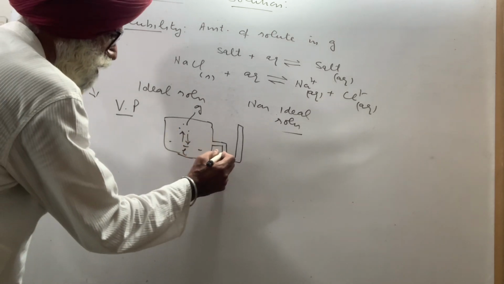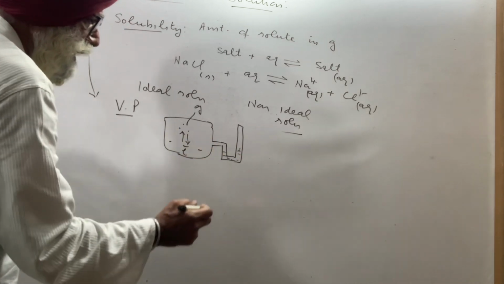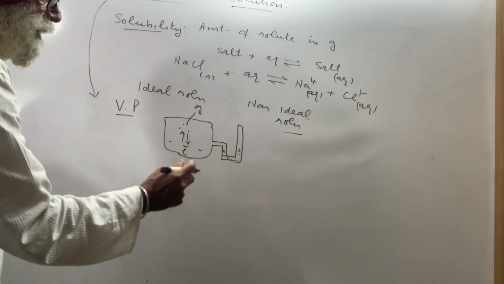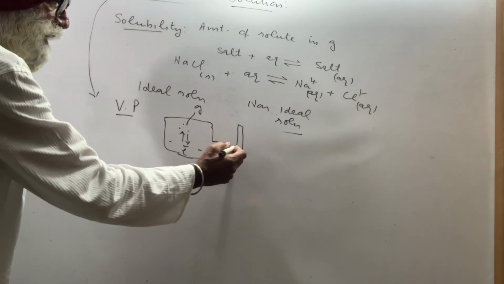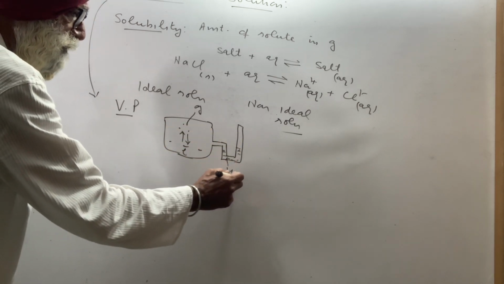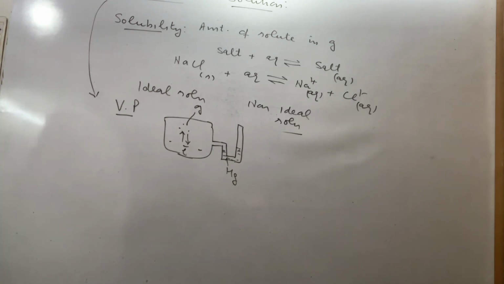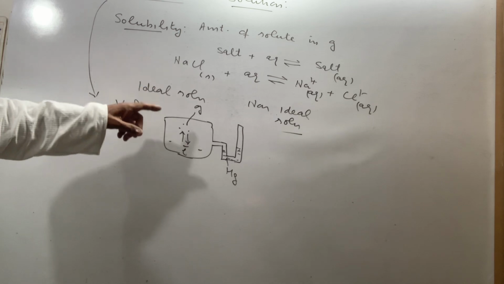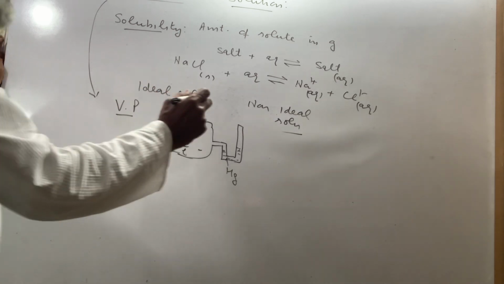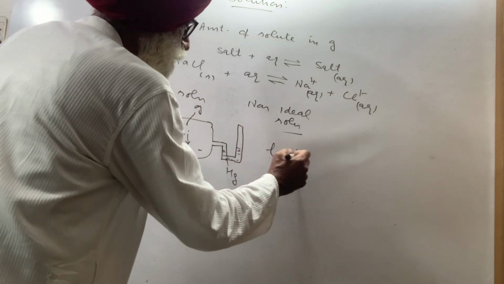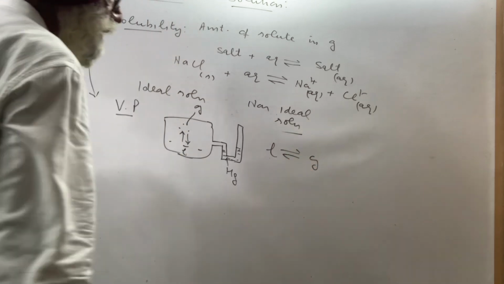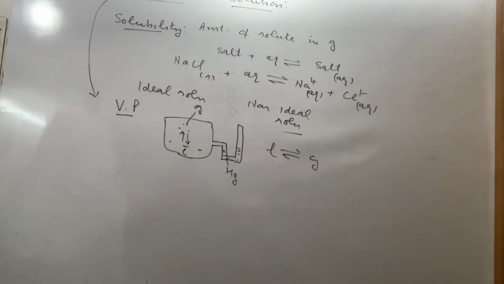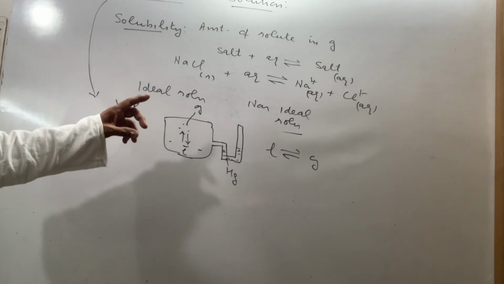Here we have got mercury. At a particular point, the level of mercury in the two limbs will be remaining constant. That is indicating the attainment of equilibrium. Here rate of vaporization is equal to rate of condensation. As a result of that, we have got an equilibrium state.